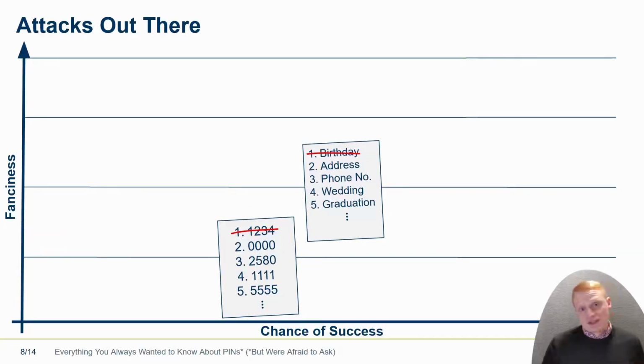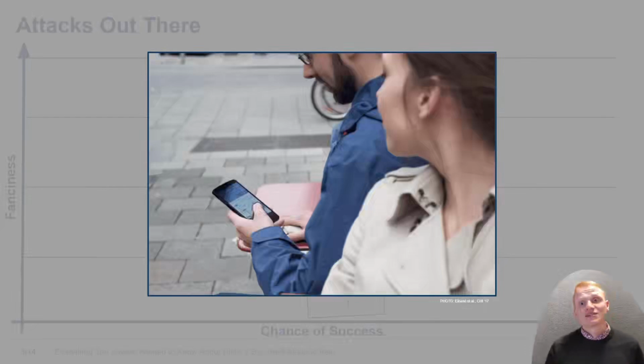Now, another attack, where many of us may have been in a situation where this could have happened, is the shoulder surfing attacker. If we sit in the park, for example, a cafe, public transport, there are so many people around us that could observe us when we type in the pin. And that gives the attacker the chance to observe this exact pin that we type in, and then the attacker is in possession of the pin.